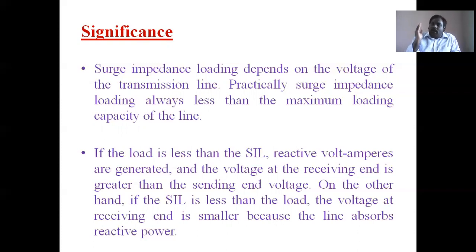When the power absorbed by the inductor from the line is more, the actual load is more than the surge impedance loading. Due to this, the voltage at the receiving end is smaller.